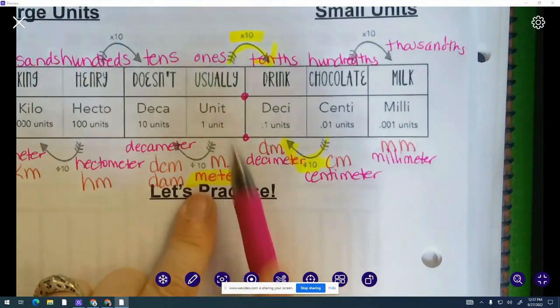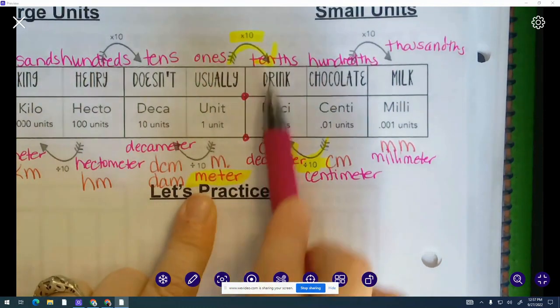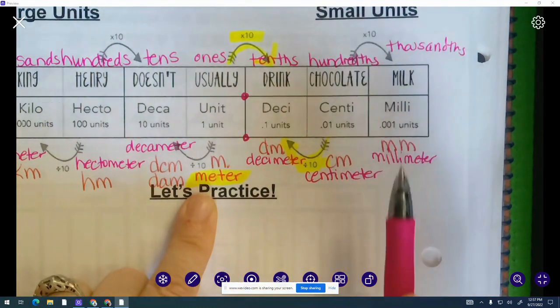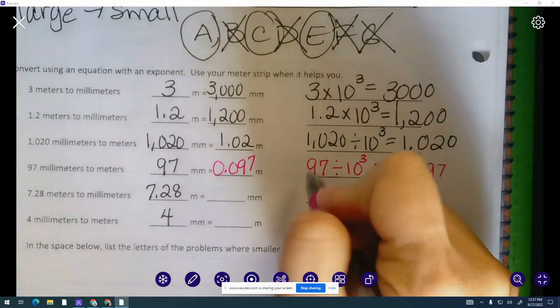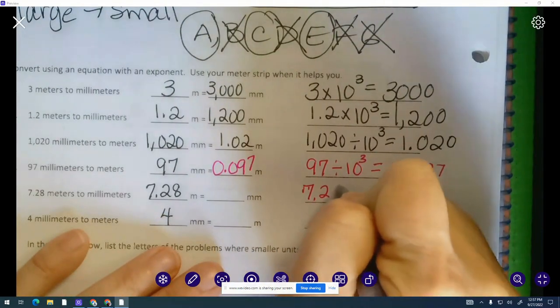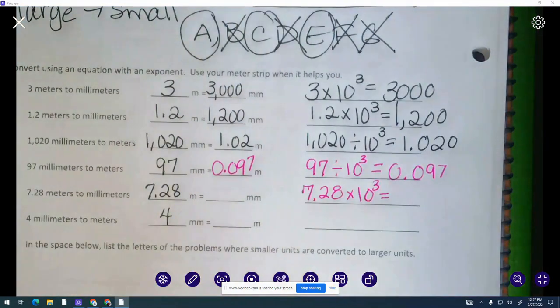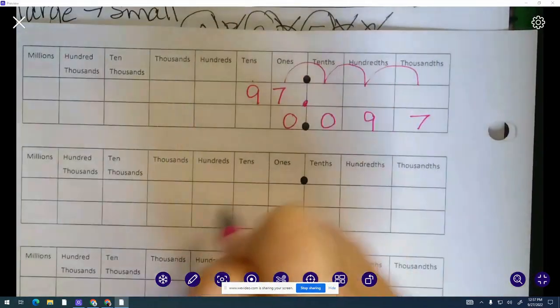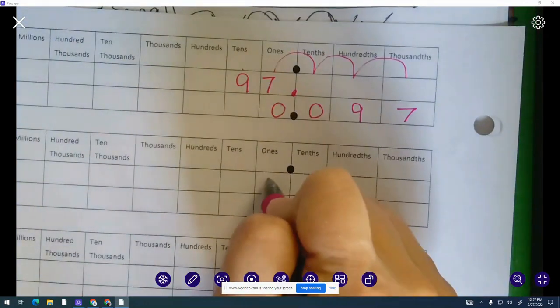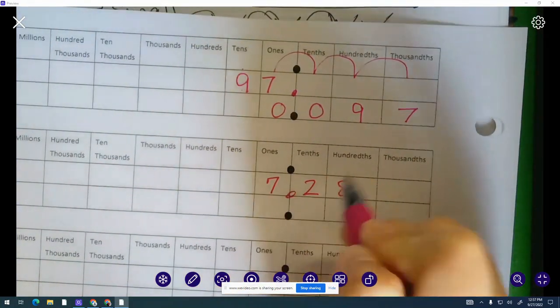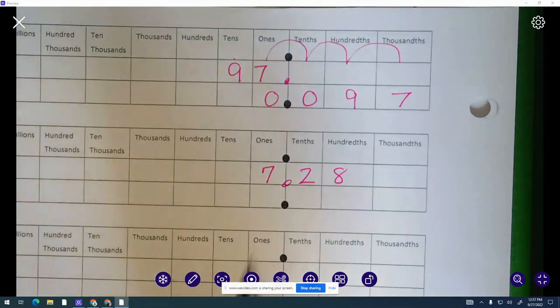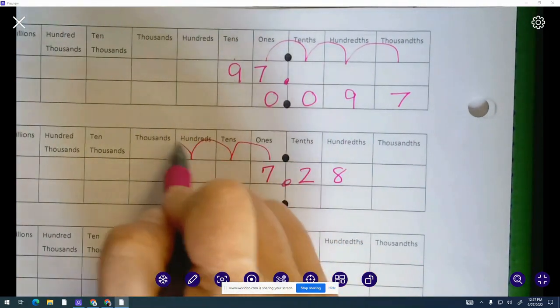So I'm going to be multiplying by 10 once, twice, 3 times to get to millimeters. So it is 7.28 multiplied by 10 3 times. And I'm multiplying, so it's getting larger. 1, 2, 3.